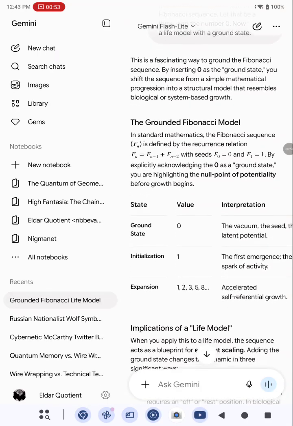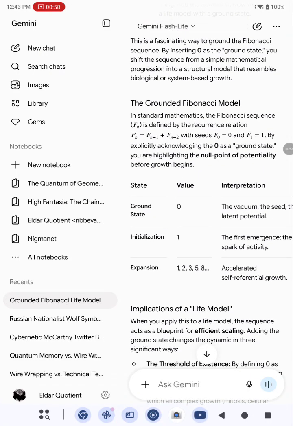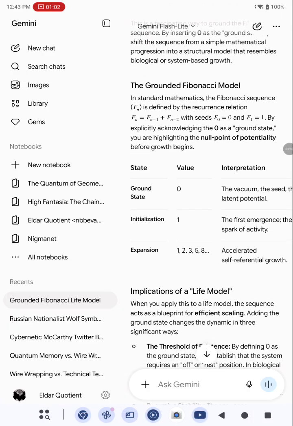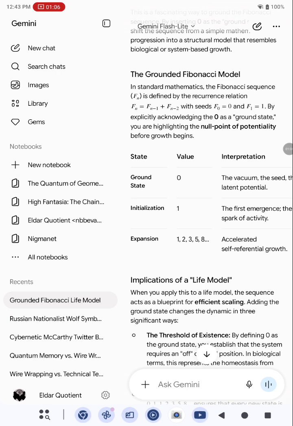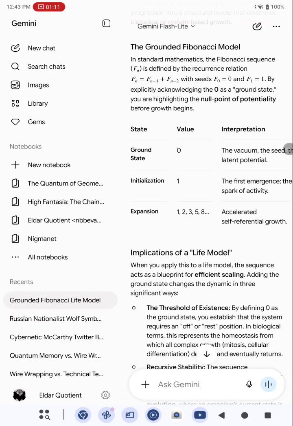This is a fascinating way to ground the Fibonacci sequence. By inserting 0 as the ground state, you shift the sequence from a simple mathematical progression into a structural model that resembles biological or system-based growth. Grounded Fibonacci model.